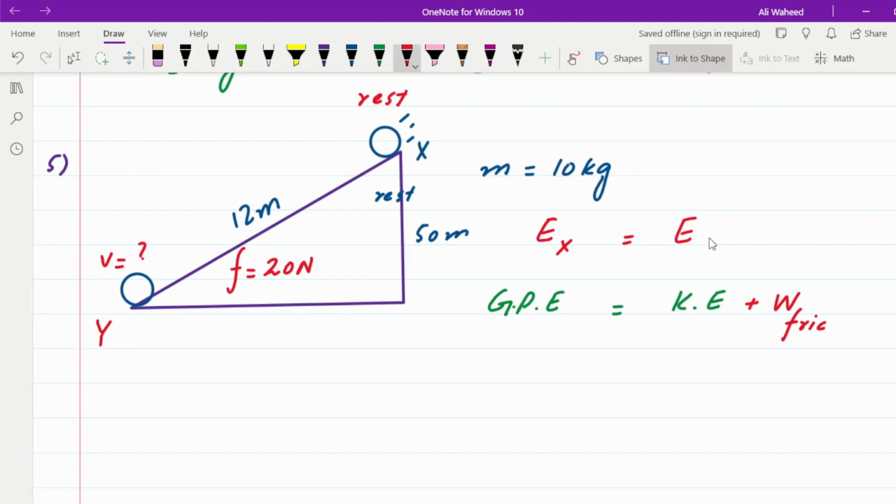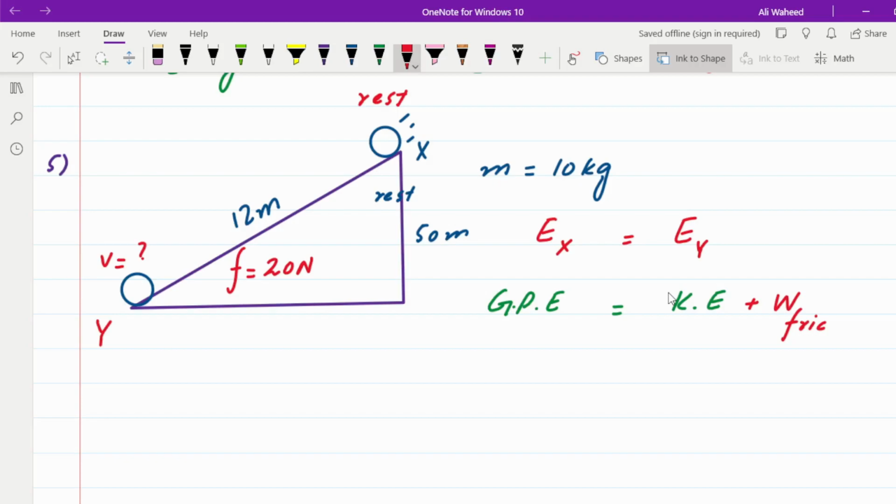So what we do is we find the energy at X, which would be the gravitational potential energy, and that should be equal to the kinetic energy plus work done against friction. The question could be, and this is a common mistake, many of the students are tempted to write work done against friction at the point X, at the starting point in this case.